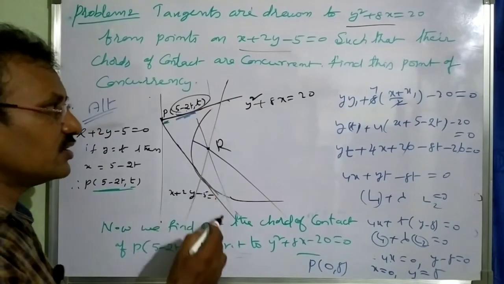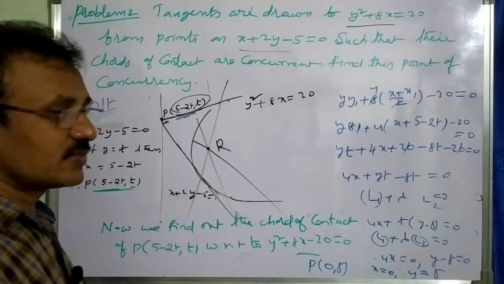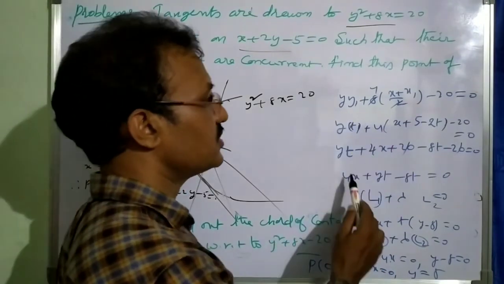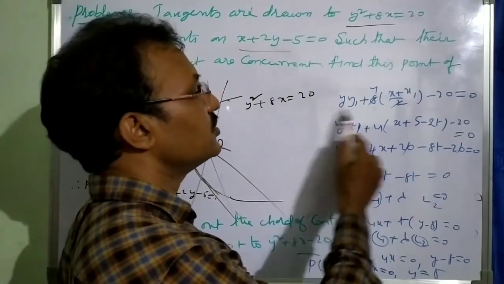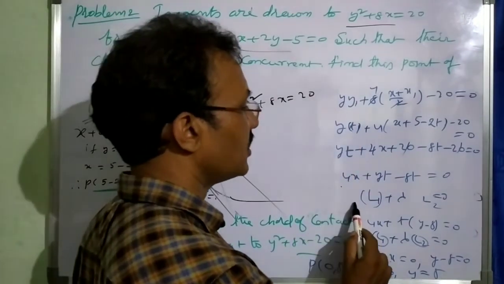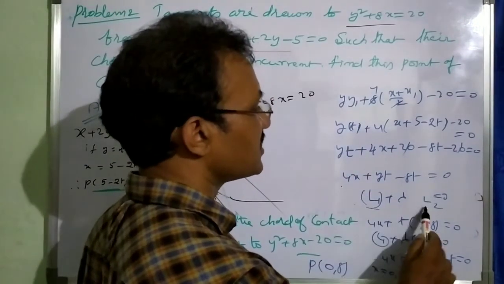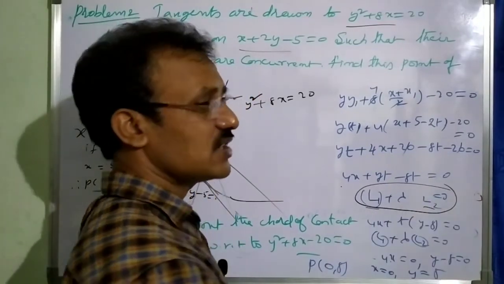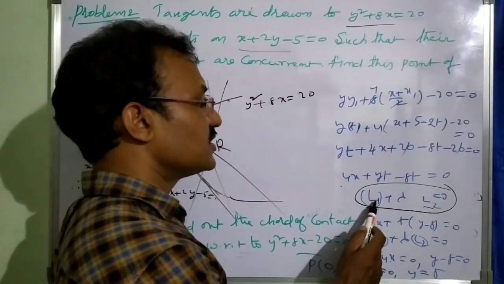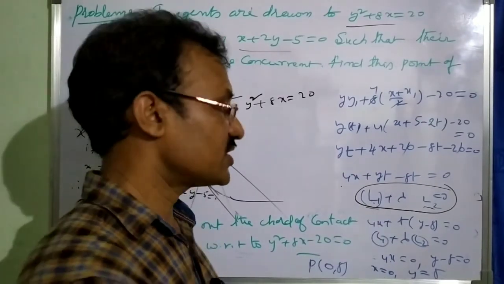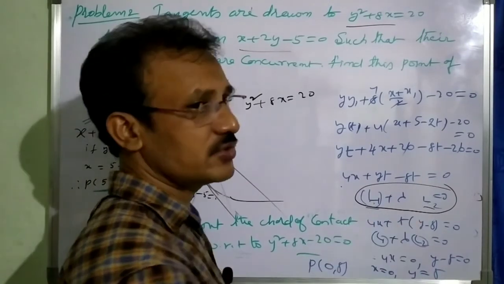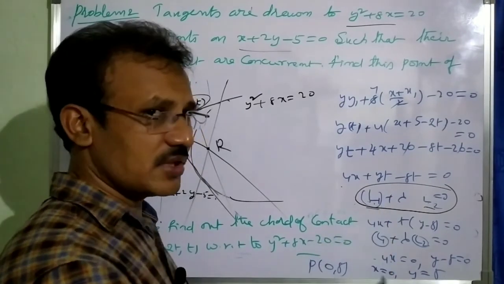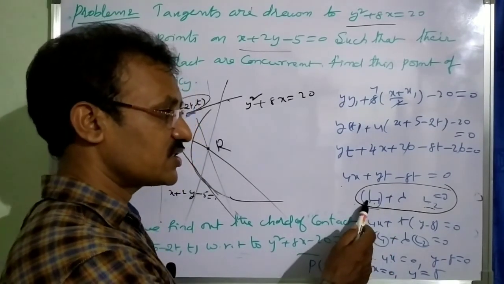Here S1 is equal to 0 gives the chord of contact, that is L1 plus lambda L2 is equal to 0, which represents a family of lines passing through the point of intersection of L1 and L2.